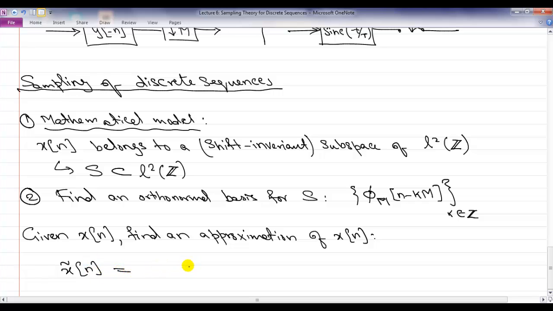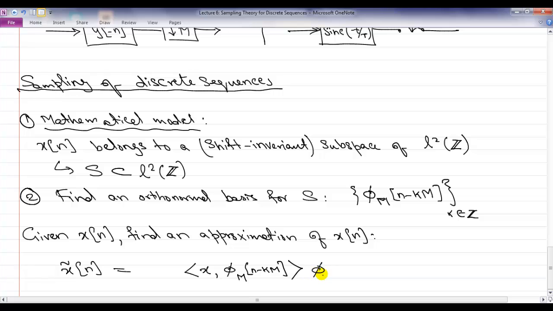We first take inner products of our original sequence with all the basis elements of my subspace. The basis of my subspace are these phi m. I'll write the indices just to make clear that we have the shifted versions of them.